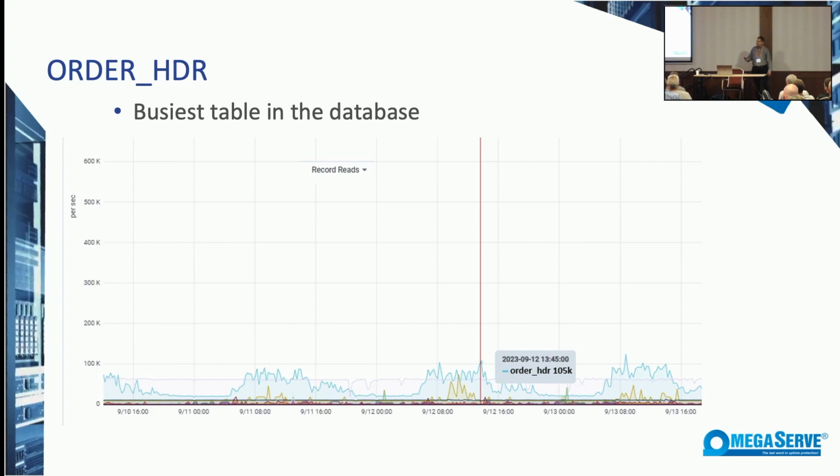So we knew this is where we were going to try it first. We also took a couple of samples using ProTop Real Time, the character version that shows you what's going on in real time and is available free. That's another way to check and see what the busy tables are in your database.